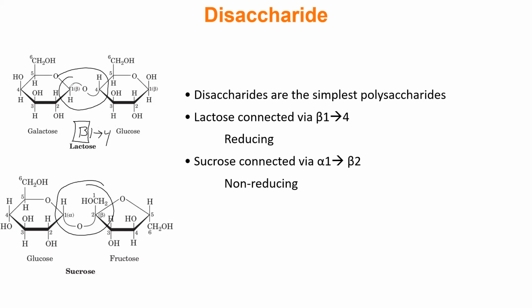Here we're saying beta because the bond is showing that the oxygen was pointing up. So here the bond connected to the oxygen is pointing in the upward direction, which was saying this OH was originally pointing up as well. And then we compare that to the CH2OH, that's pointing up too. So they were both pointing in the same direction. So it's beta, so that's where the beta comes from.